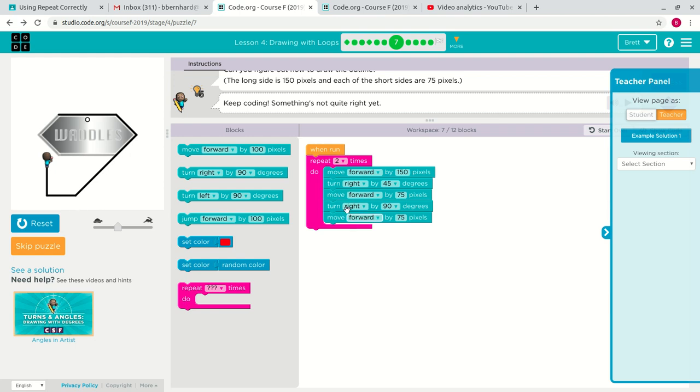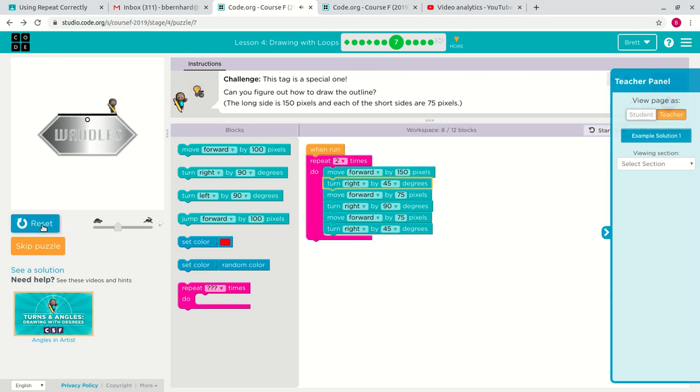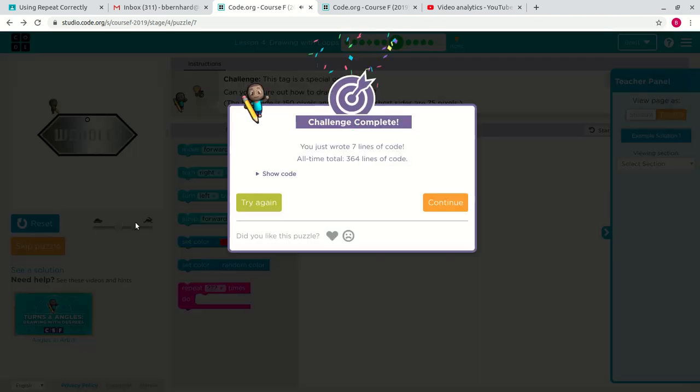Because look, we come to here, we turn right 90, then we move forward 75, and then we jump right back to move forward 150. No, we forgot. We need to turn right 45. Let's try that. And there you go.